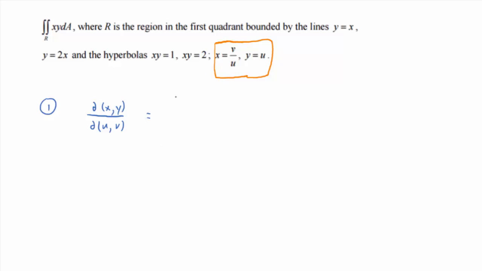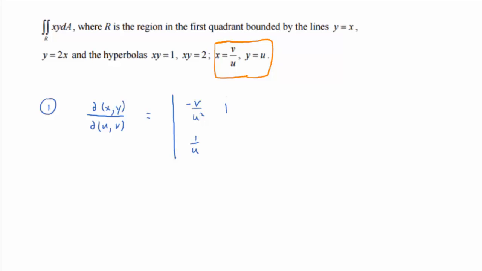So let's take the derivative of x with respect to u. Upper left-hand corner of your Jacobian matrix? Good. Negative v over u squared, right? Now let's take the derivative of y with respect to u. 1. Let's take the derivative of x with respect to v. 1 over u, right?